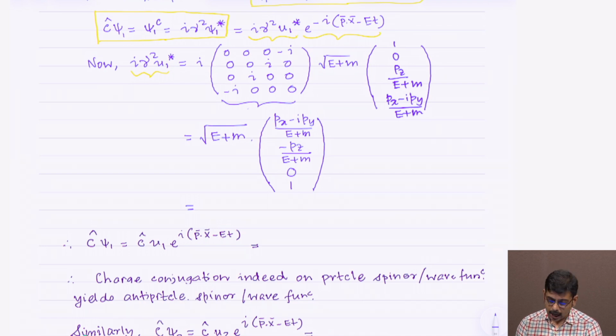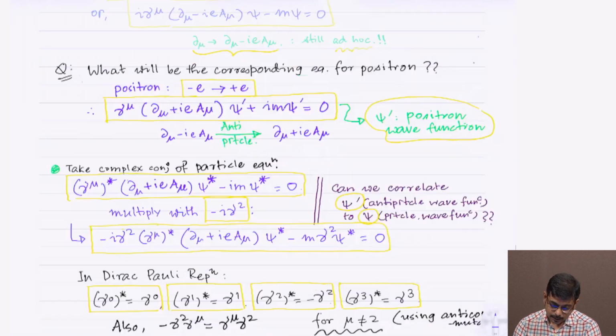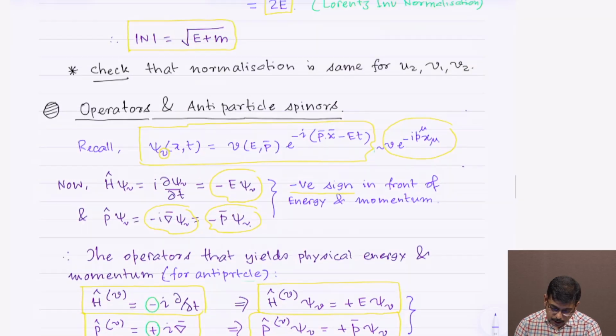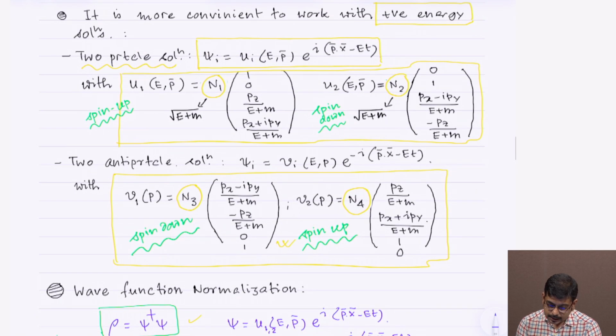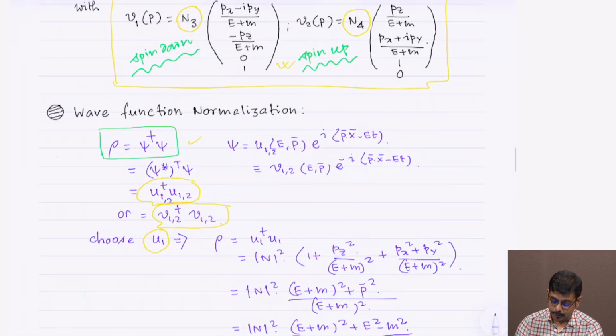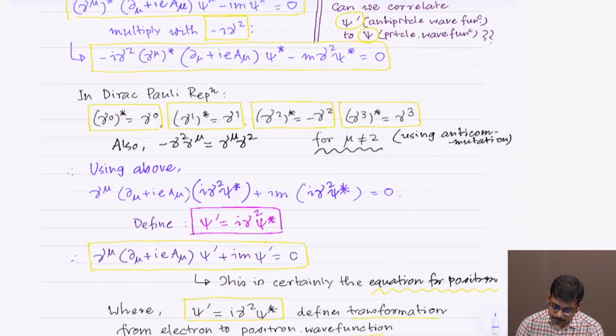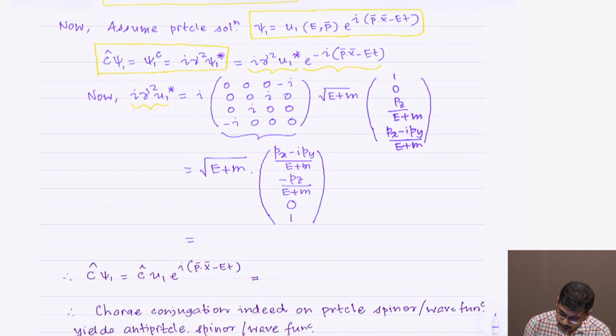Do you remember what kind of spinor this is? If you go back to your spinors that we found out, this is exactly what we wrote as V1, right. So, V1 is (px−ipy)/(E+m), −pz/(E+m), 0 and 1. So, this is exactly V1, and therefore, you can conclude that i gamma 2 u1 star essentially is taking me to V1.